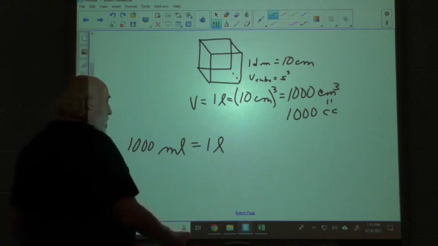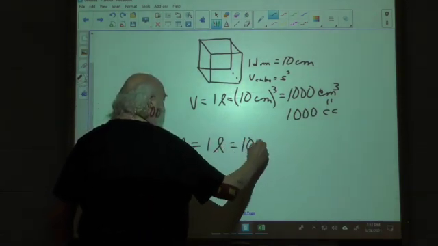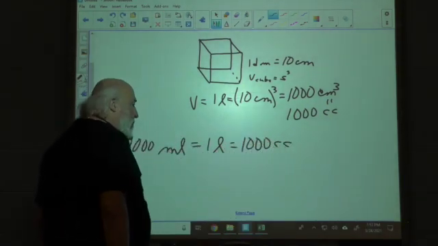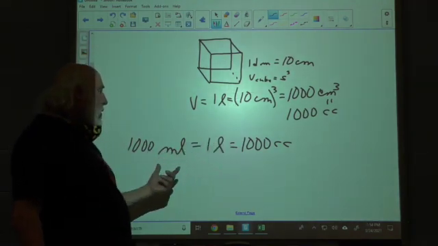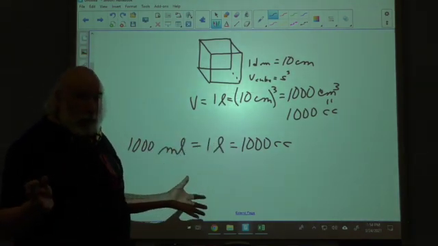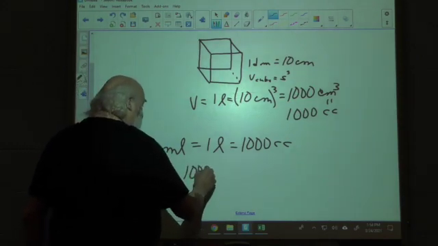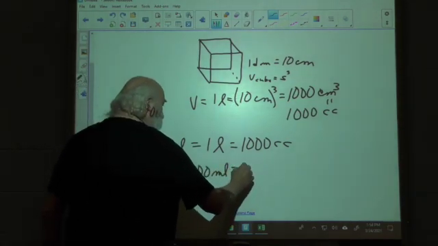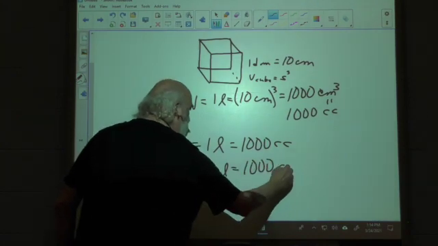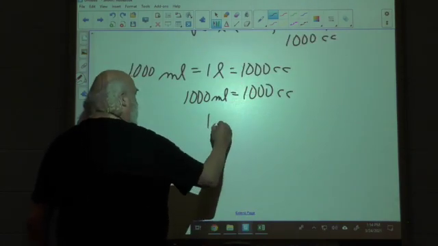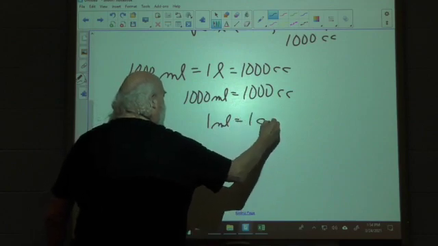So, that equals 1,000 cc's. And since they are both equal to 1 liter, they're equal to each other. That's called the transitive property in mathematics. That means 1,000 milliliters equals 1,000 cc's, which means 1 milliliter equals 1 cc.